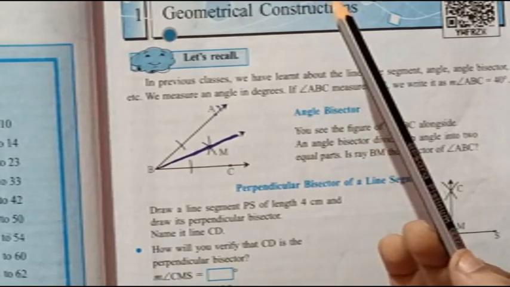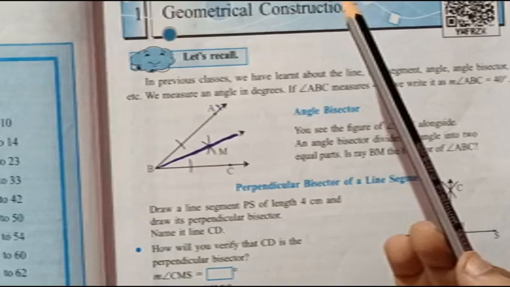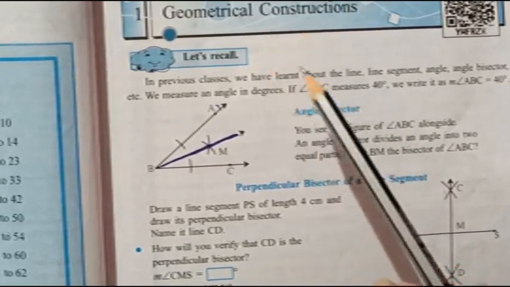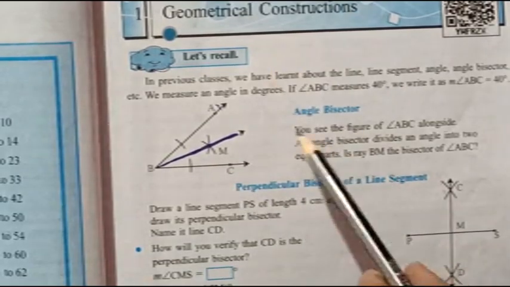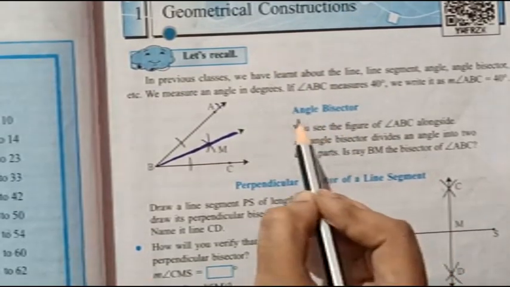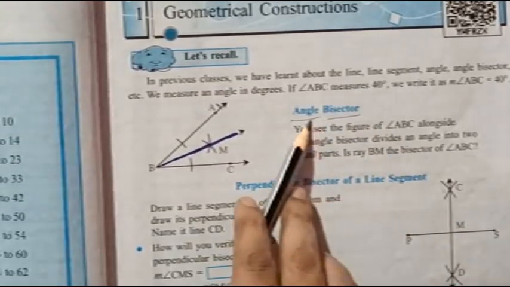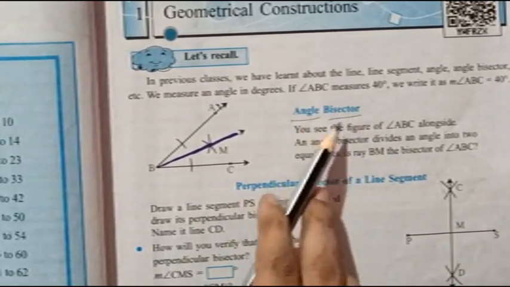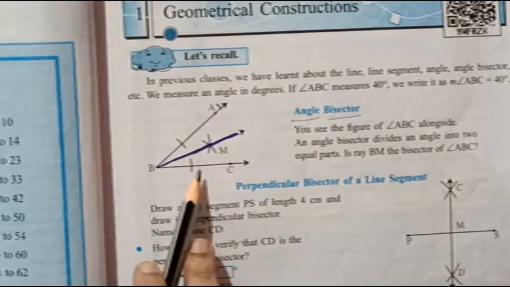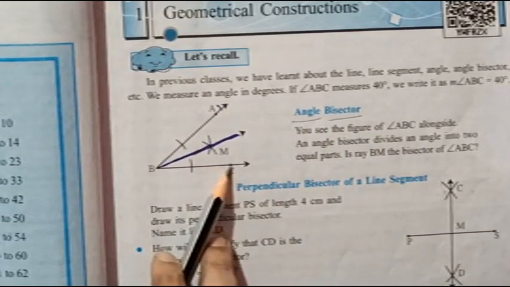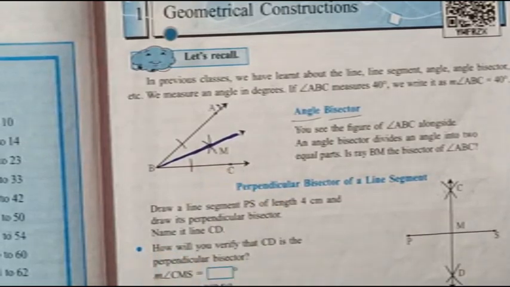So whatever drawing part is being done in this geometry part, that is known as its constructions. Okay, so in that first part we are going to study angle bisector. How you are supposed to bisect the angle, that we are going to study first. So I want everybody should pay attention now. So now let's proceed further.